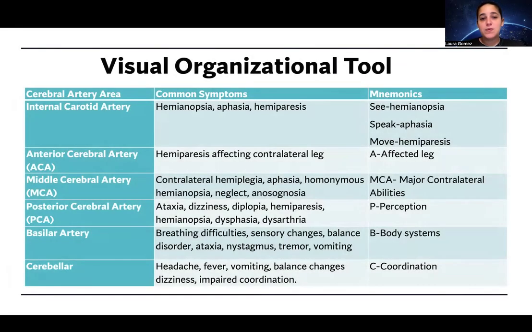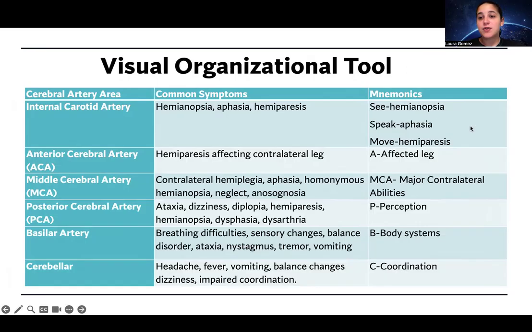This is a table, which is a very useful visual organization tool. It has the locations of the stroke, the common symptoms that you can find in the patients, and a mnemonic idea of how to recall what those symptoms are and what they mean. So for example, we have the internal carotid artery CVA, and here we have the word C for hemianopsia, so we know that there's some affected vision there.